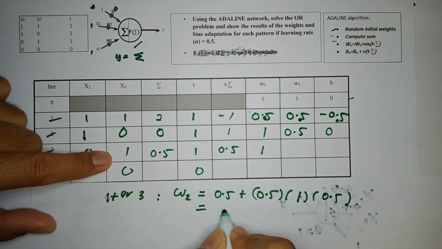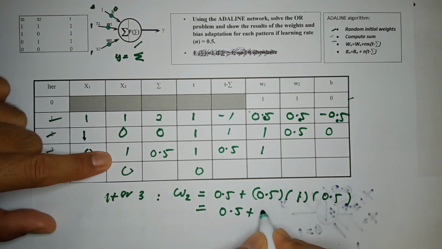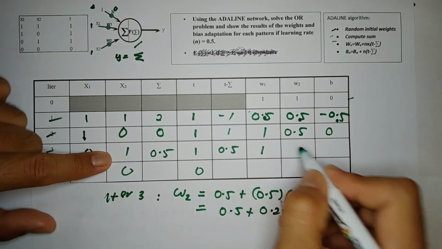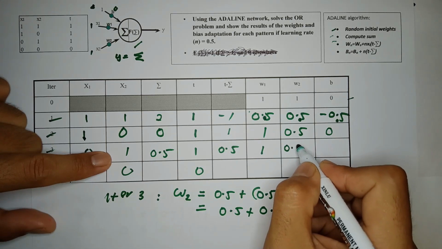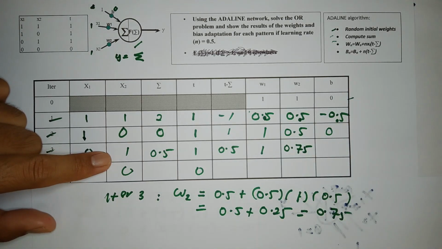So in this case it is 0.5 plus 0.5 times 0.5 equal to 0.25, which is equal to 0.75. So we just put the value here as 0.75.